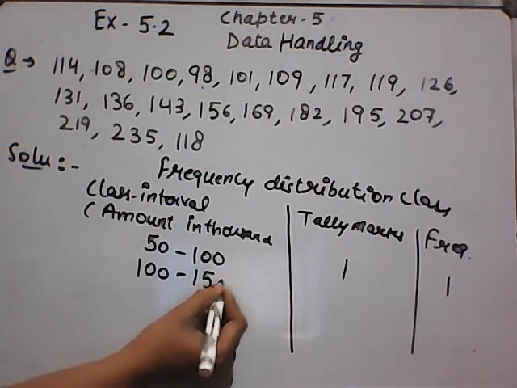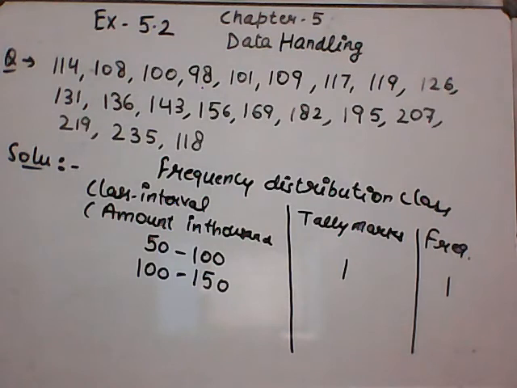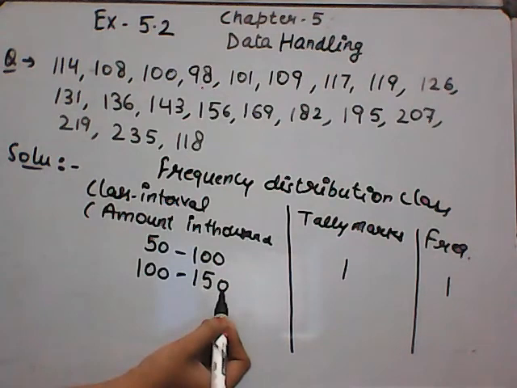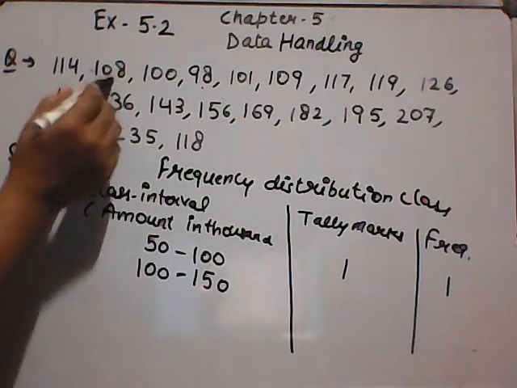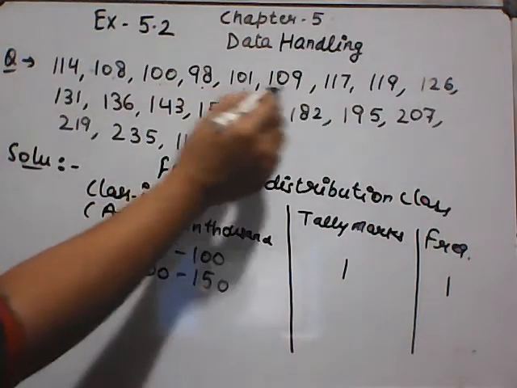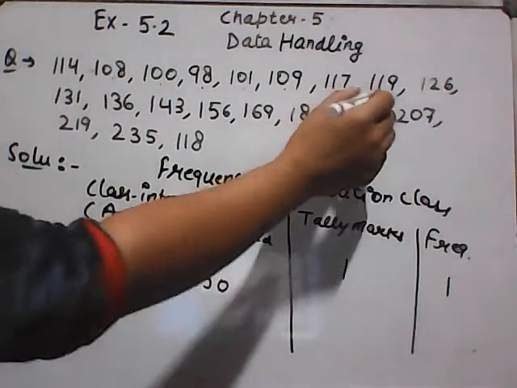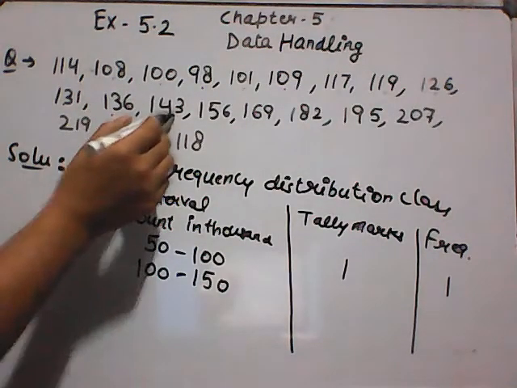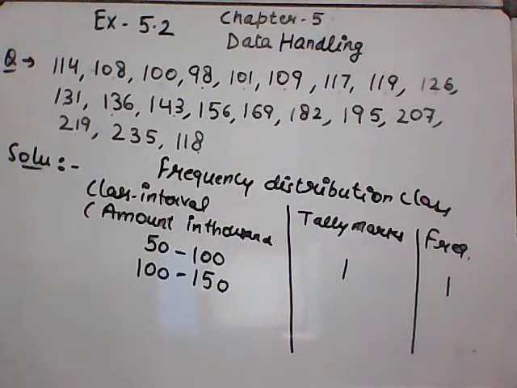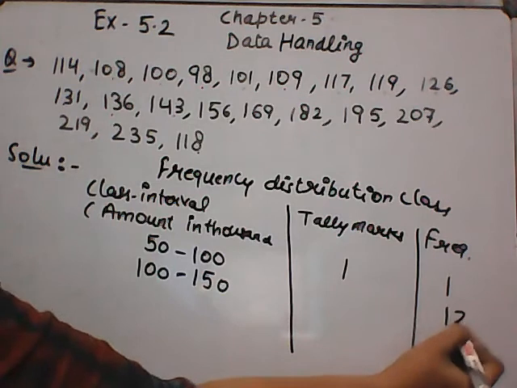Now check how many amounts come under 100 to 150. That means 150 is not considered; you check 100 to 149. 1, 2, 3, 4, 5, 6, 7, 8, 9, 10, 11, 12. Here the frequency is 12 for the class interval 100 to 150.